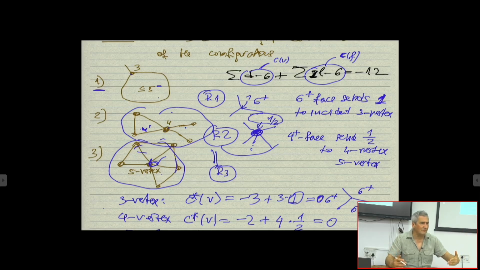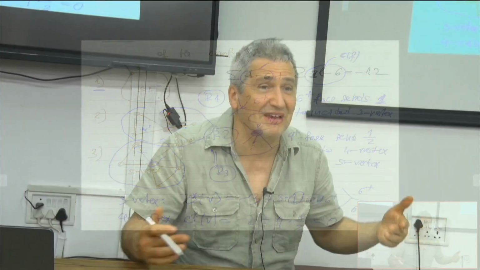Let these 2 faces send 1/2 each. Then I get at least 1 extra, but initial charge was -1, plus 1 is 0. Great. So why do I have such rules? Rule R2, because it worked perfectly. Magically.